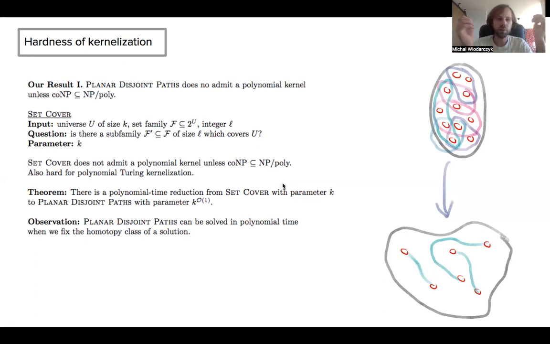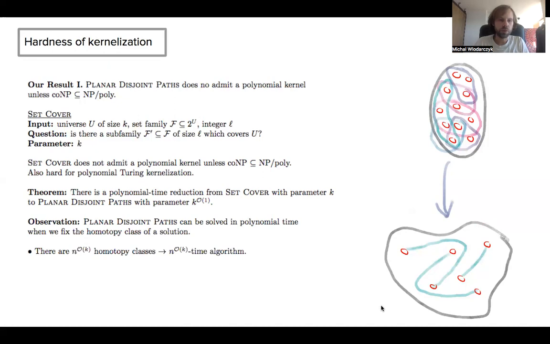Two solutions are homotopic if you can transform one into another by pulling or pushing these curves while keeping them disjoint. For example, these two solutions are not homotopic because these two paths pass each other in different ways.